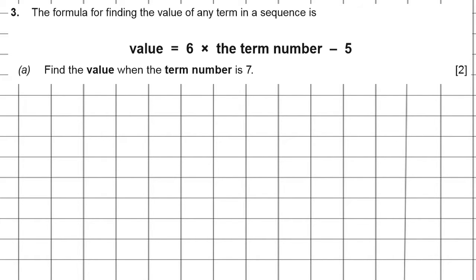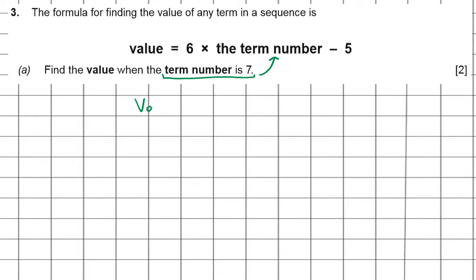So number 3, the formula for finding the value of any term in the sequence is the value equals 6 times the term number take away 5. Find the value when the term number is 7. Okay, so we know the term number is 7. Therefore that goes there.